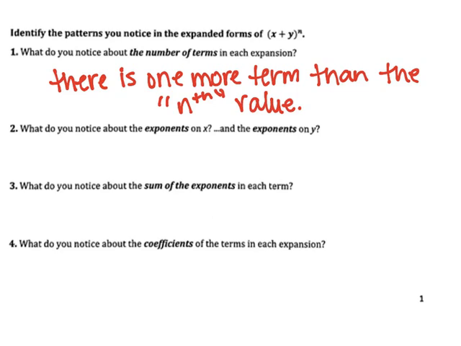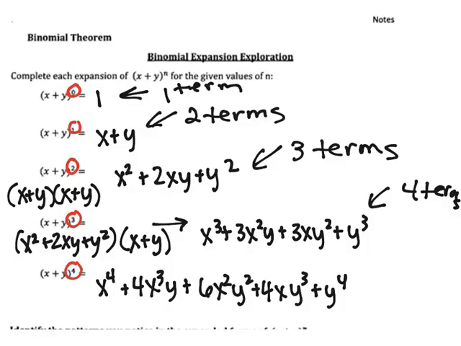So what do we notice about the exponents on x and the exponents on y? Let's go back and look here. These exponents are 1. Here we've got 2 and 2, and then what's 1 plus 1? Again, 2. Here we've got a cube and a cube. 2 plus 1 is 3, 1 plus 2 is 3, so they're all 3. And then we've got 4, 4, 2 plus 2 is 4, 3 plus 1 is 4, 1 plus 3 is 4.